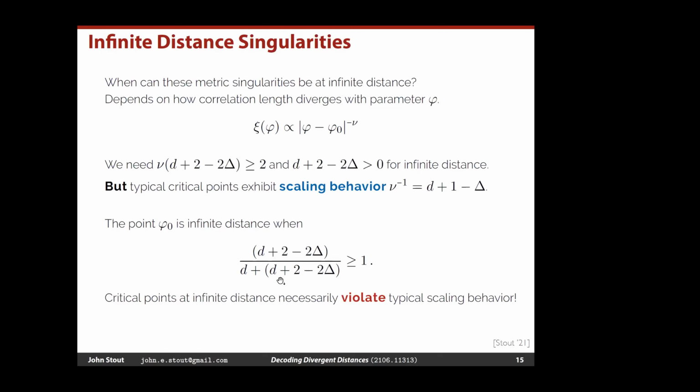But since this is positive and this is positive, the only time I can get an infinite distance point when the correlation length is diverging is if I'm in 0 dimensions.